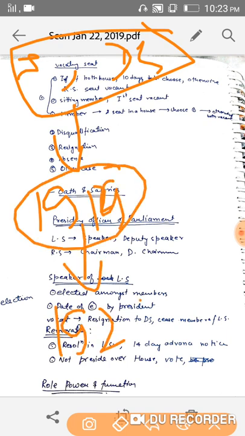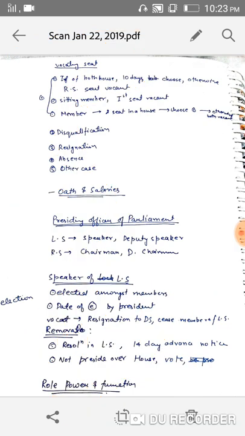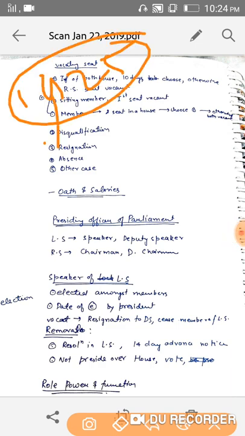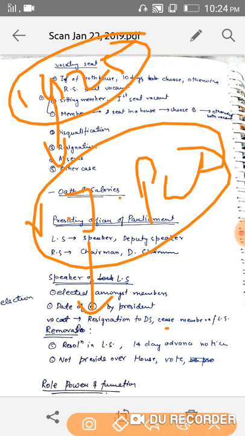So in 1921 these posts came for the first time, before which the Governor General of India used to head the Central Legislative Council. The first Indian Speaker, in 1925, was Vitthalbhai J. Patel. He was the first Speaker in the Central Legislative Assembly.